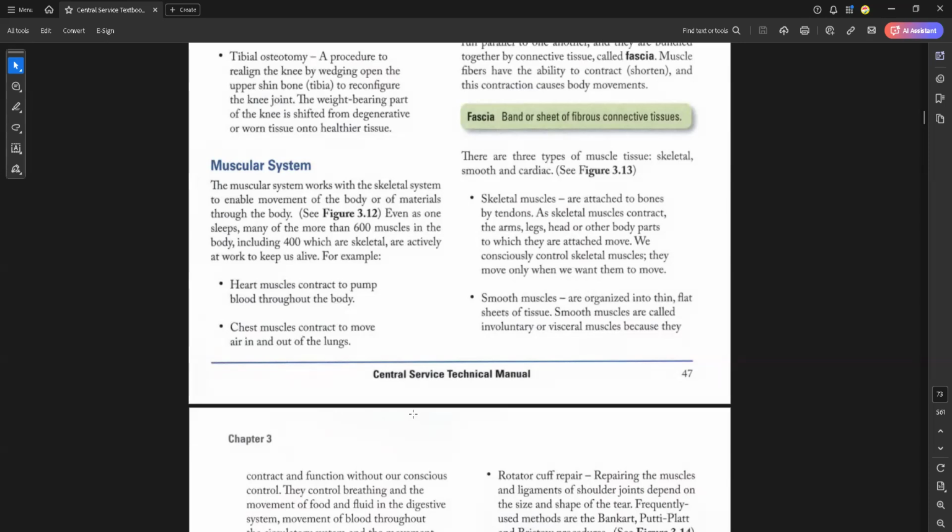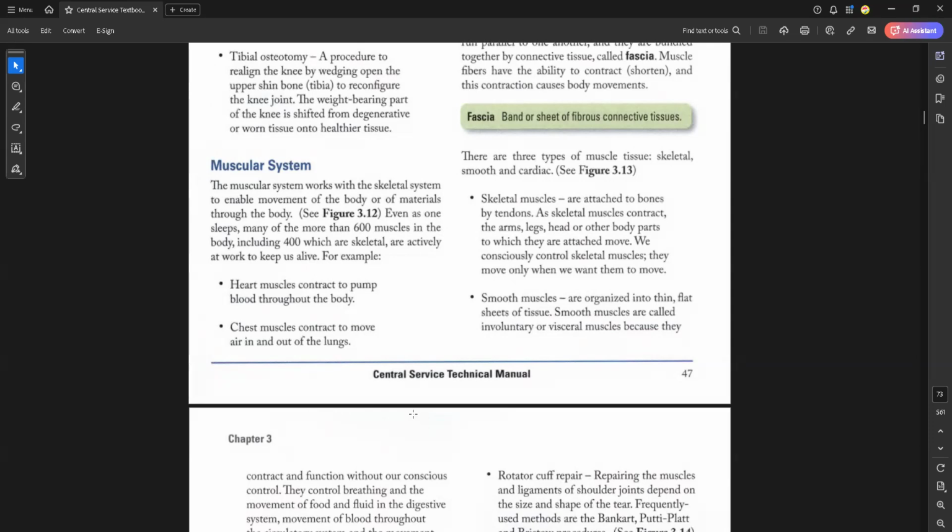Now the bones are there to help us to walk, but then the muscles must contract to move. So the muscular system works with the skeletal system to enable movement of the body or of materials throughout the body.